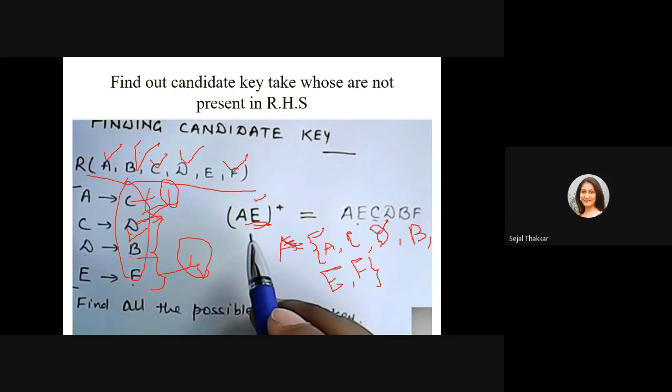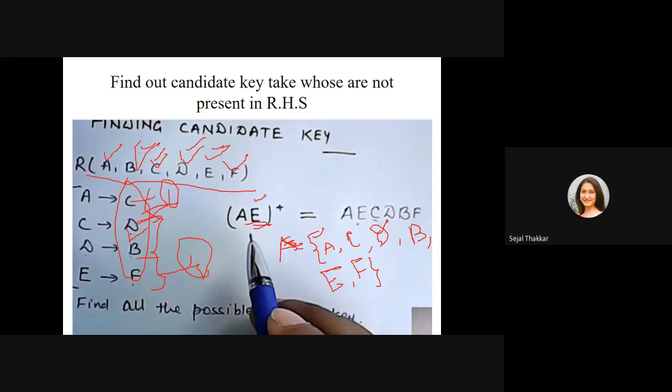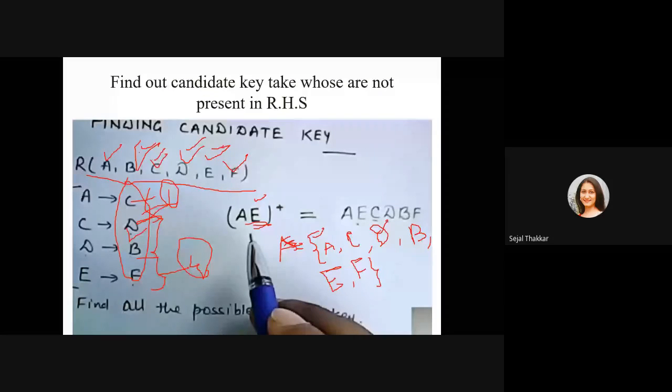You can find out C, which is also there. You can find out D, also there. You can find out B, there. You can find out E, there in the relationship. You can find out F. You can find out H. So from the combination of A and E, you will get all the values of your relationship, right?